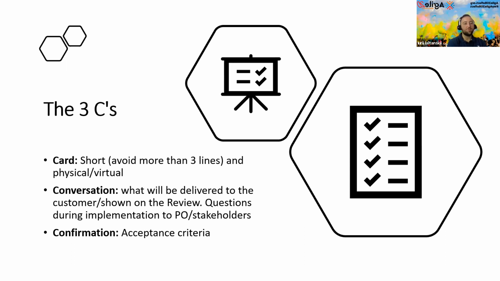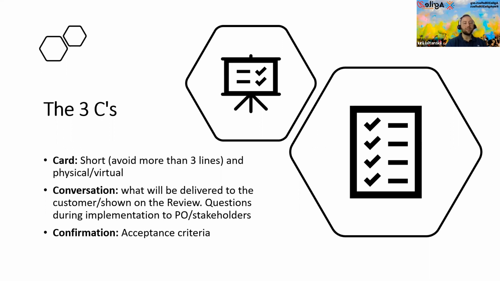Then the most important thing is the conversation. We need to ask questions in order to understand the user story better. We will see it a bit later in the presentation. And the last one is the confirmation.